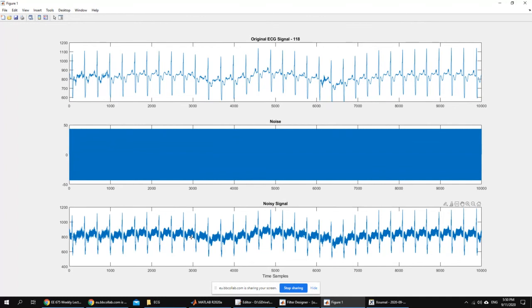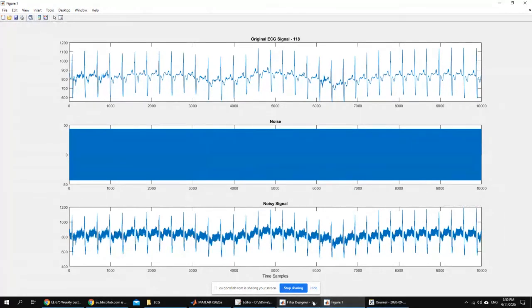So maybe you can get started with a low-pass filter that rejects anything beyond, for example, 55 hertz, and see what happens. You want to try that? Okay, doctor, let's try that.